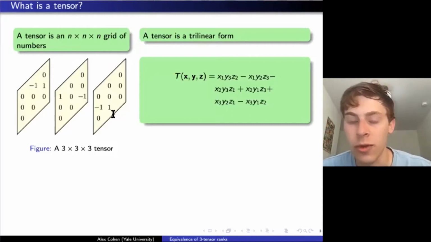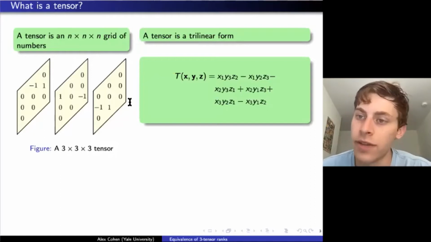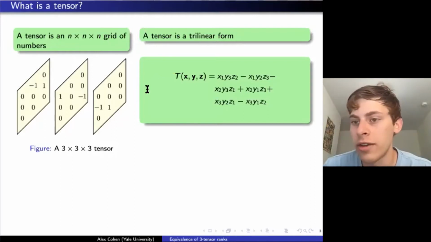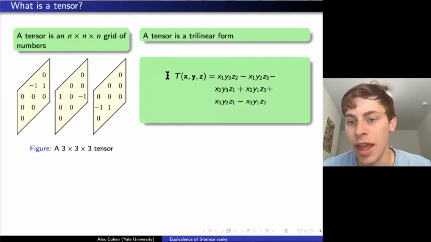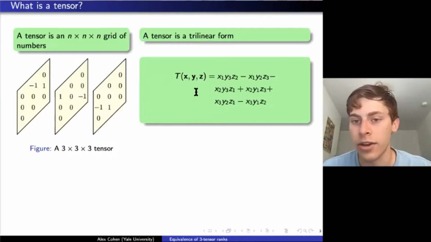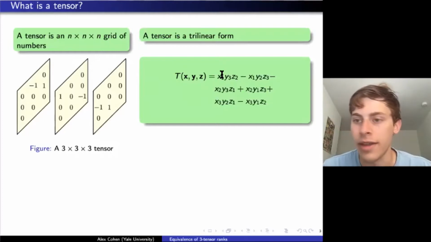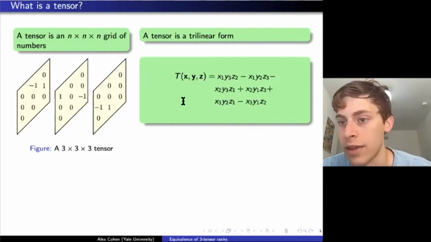The other perspective we're interested in is a tensor as a trilinear form. If you have a matrix, you can turn it into a bilinear form: if you give me two vectors x and y, I can put x on the left and y on the right, and I can give you a number. The same way for a tensor, if you give me 3 vectors x, y, and z, I can give you a number. I just make a polynomial out of them, and the coefficient of x_i y_j z_k is the i, j, k entry of the tensor.